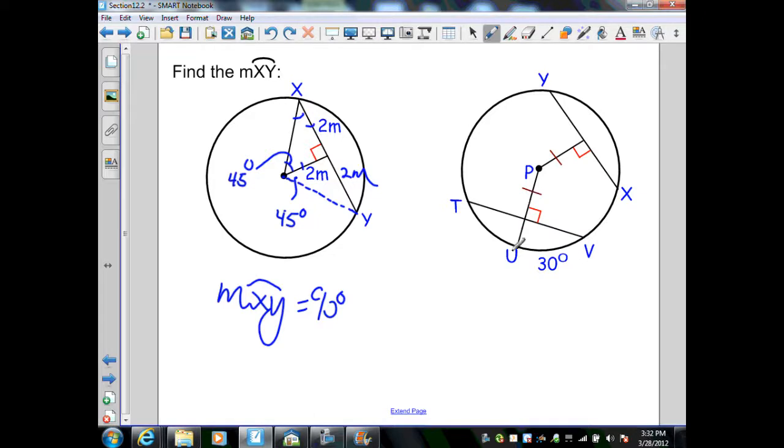Therefore, it bisects the chord and its arc. Therefore, arc TU is congruent to arc UV. Therefore, they're both 30 degrees. That makes arc TV equal to 60, which is equal to arc XY. That makes the measure of arc XY 60 degrees.